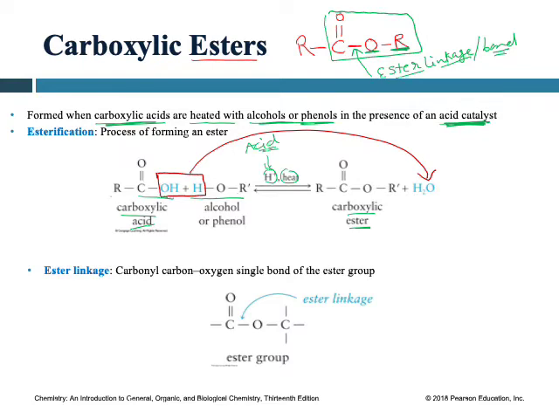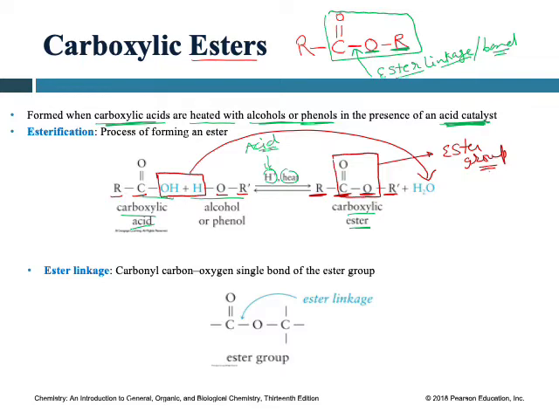You're left with RC double bond O, and then OR. This we call an ester group, right? C double bond O, O, carbonyl with oxygen.